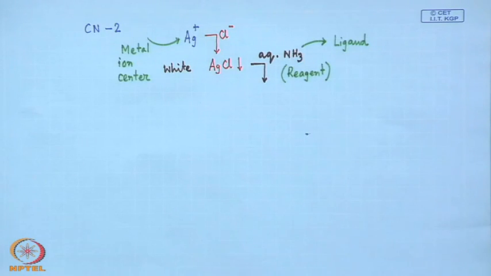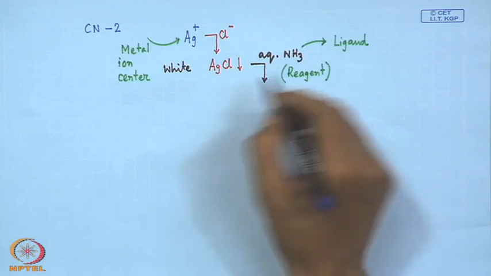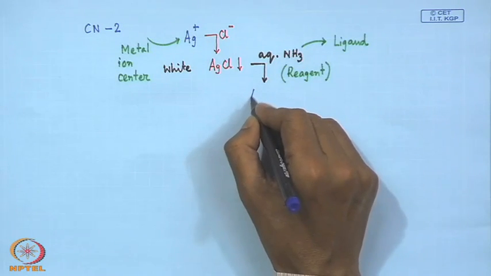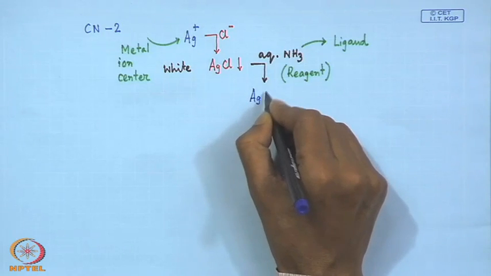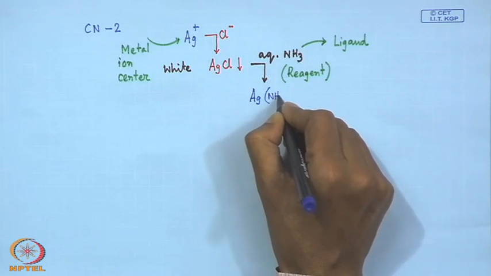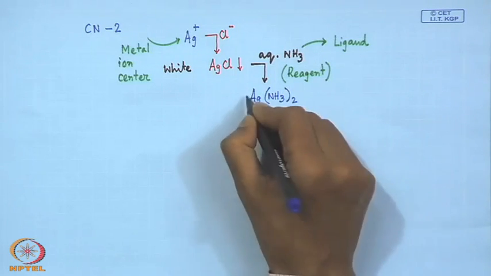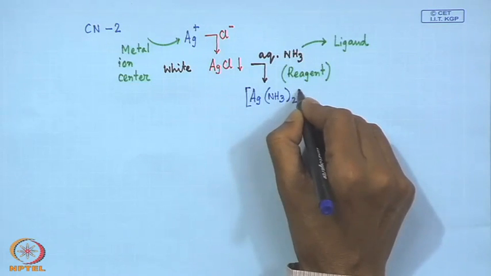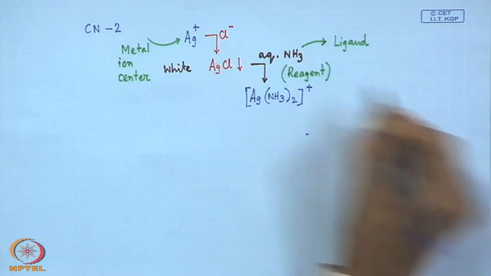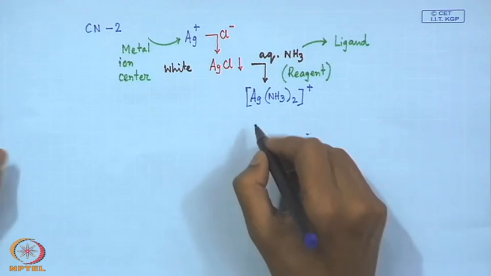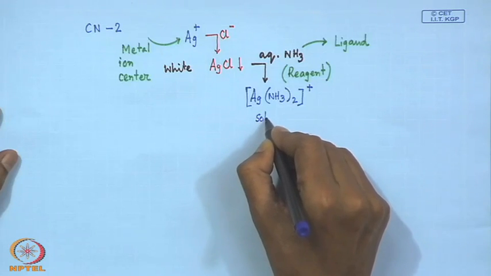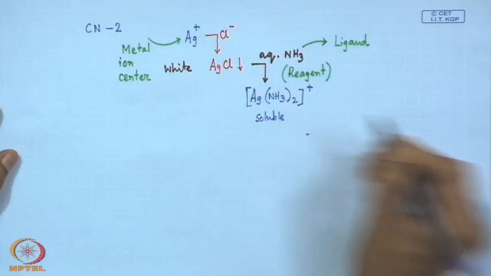So, we can have the interaction between silver chloride and ammonia, resulting in the silver amine coordination complex, which is soluble.